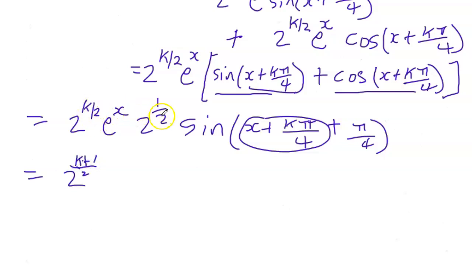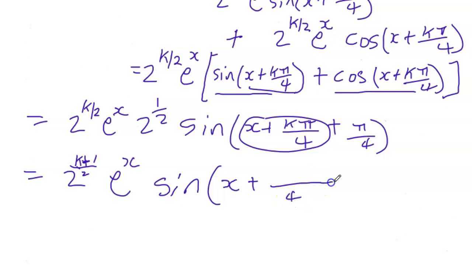Then e to the x sine, in the bracket now, we'll have x plus, and both of these have a common denominator of 4. So this is actually k pi plus pi, and if I factor out the pi, that's k plus 1.